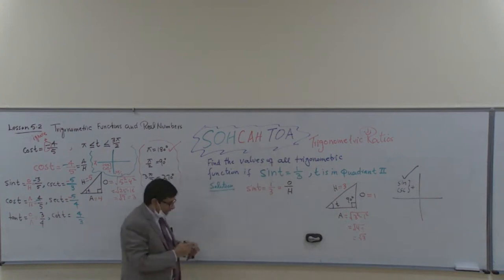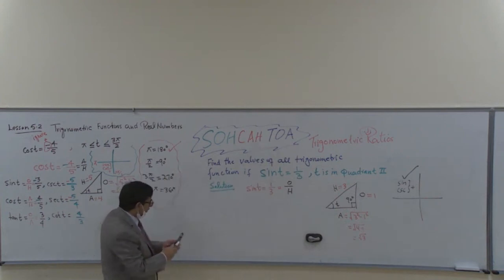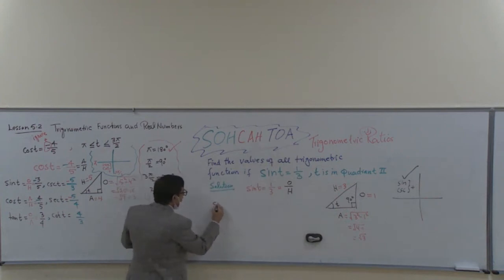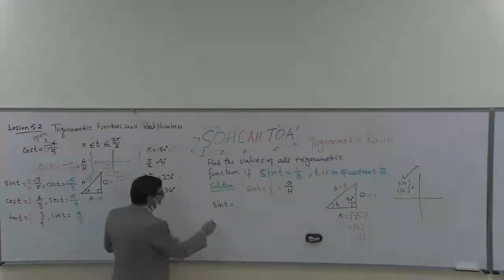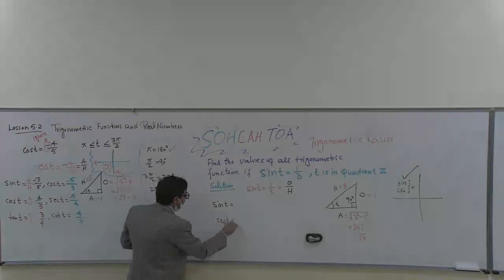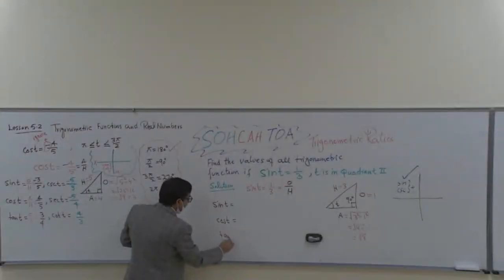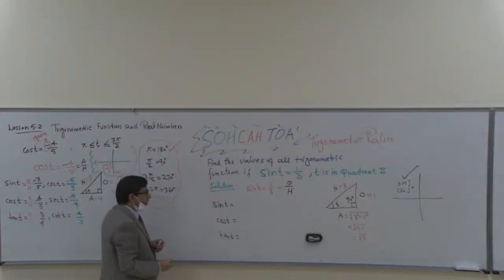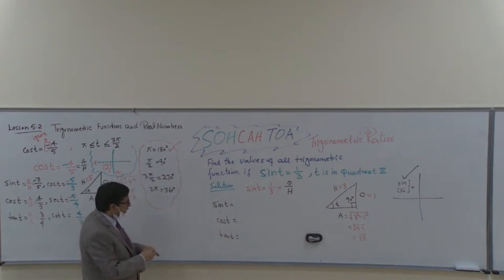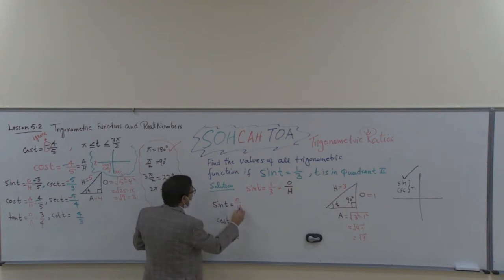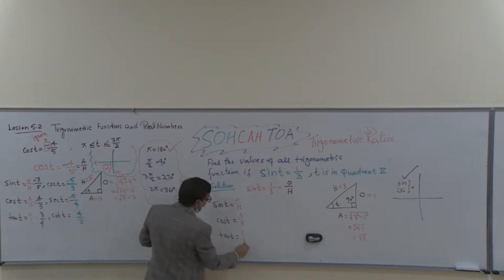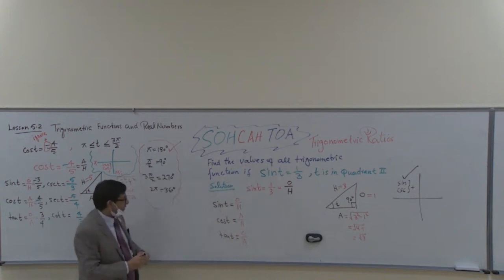Apply SOH CAH TOA and write the trigonometric ratios. Write all these functions in this order, it will be easy for you to find out. Sine t, and we know sine is O over H, then cosine is A over H, and write down this one while you're working. SOH CAH TOA will help you to write the correct answers.